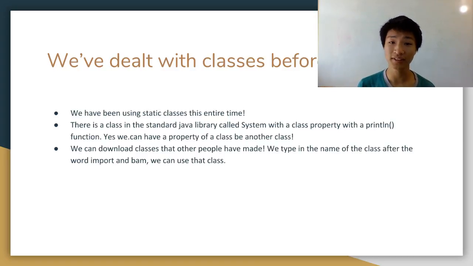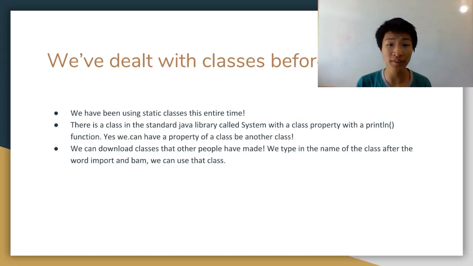And so there's another case we've been using classes before. Every time I write system.out.println, what does that mean? There's actually a class in the standard Java library. Again, what is a standard Java library?